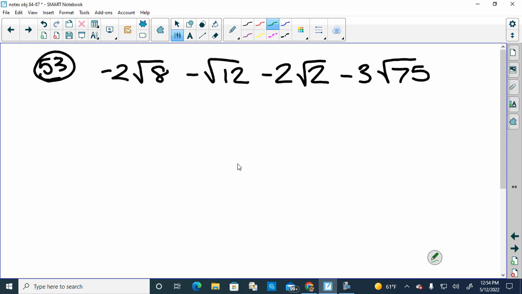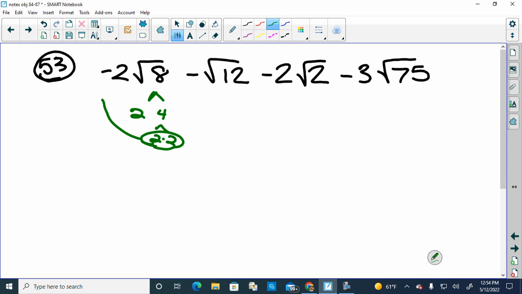Okay, individually I have to make sure my radicals are simplified so I know which ones I can add and subtract. So 8, I'm going to go 2 and 4, and 2 and 2. I have a pair of 2's and it's coming out, but I already have something on the outside. What do you think I do with it? Multiply it. It's no different than when you're taking multiple things out.